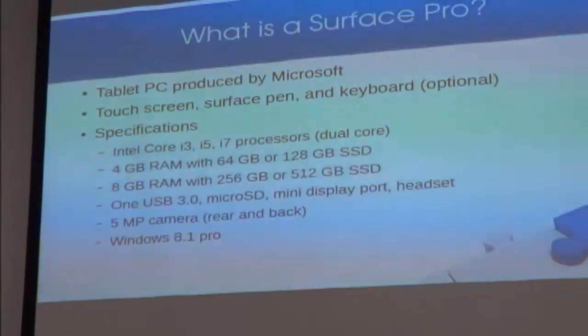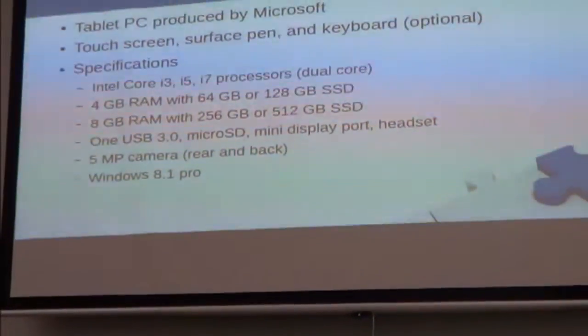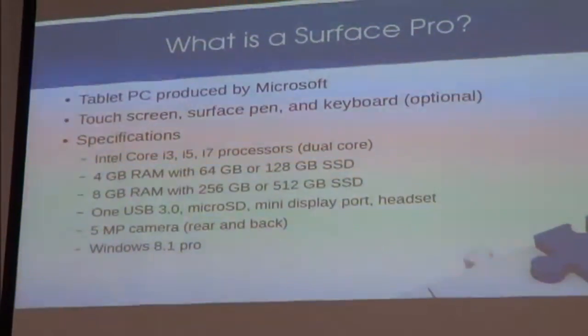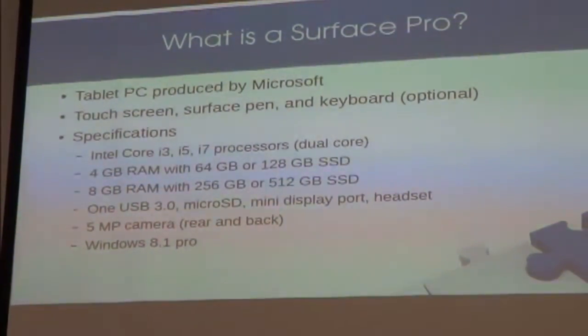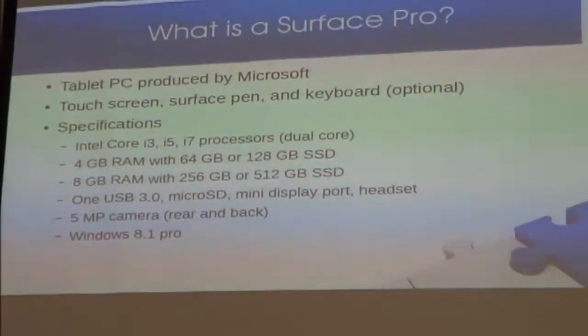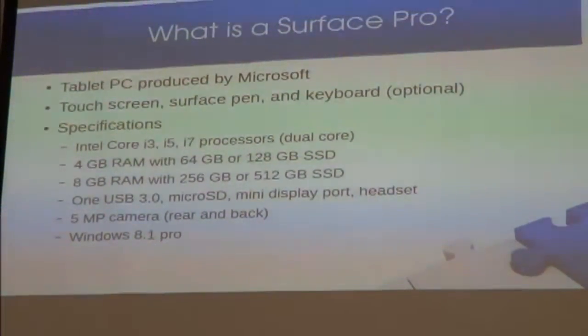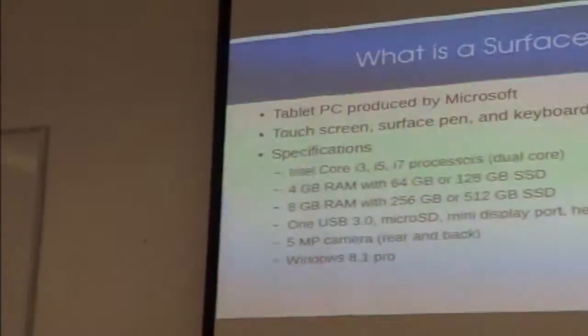You can get different spec tablets. So they've got Core i3, i5, i7 processors, gradually becoming more powerful as you go up the line. This one was a Core i3 because I was mainly using it just as a tablet, for writing lecture notes, for presenting slides. I'm not going to run anything processor intensive.